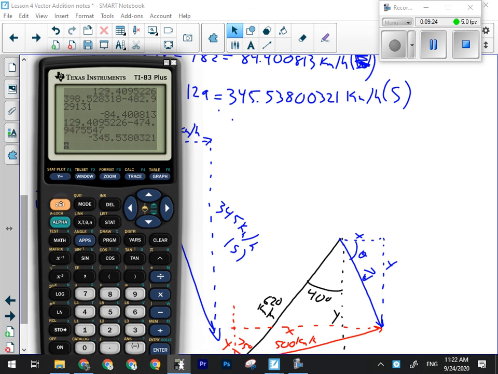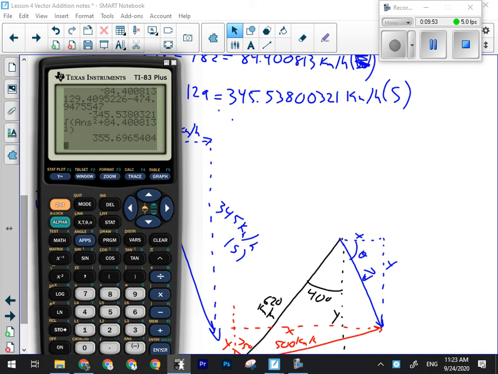Okay, so 84 squared plus 345 squared. All right, so my overall resultant is 3.6.